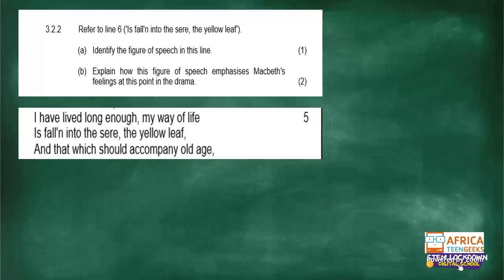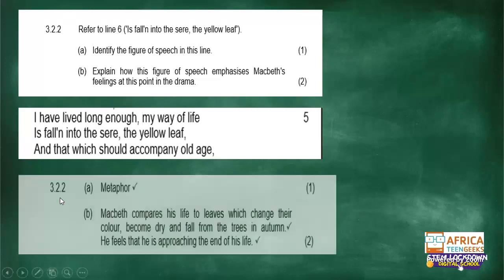Well then, Sky is saying the life and the yellow leaf. That is correct, guys. So metaphor is correct. Here, Macbeth compares his life to leaves. We know this because he said, "My way of life is fall'n into the sear," and then, comma, "the yellow leaf."